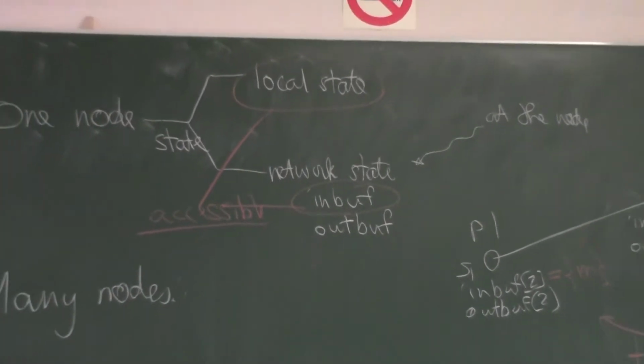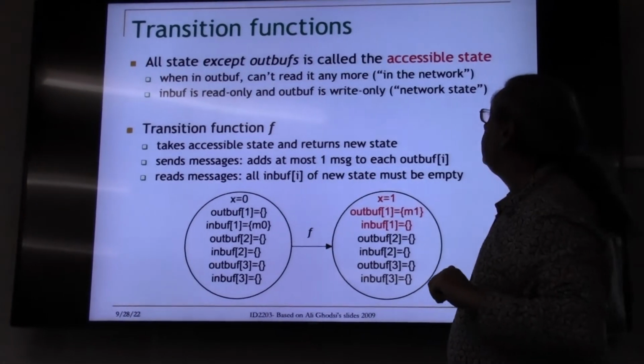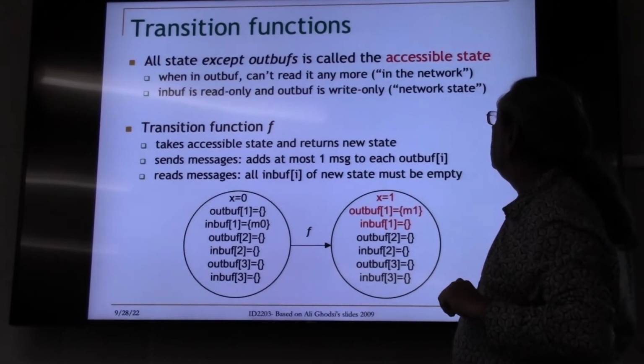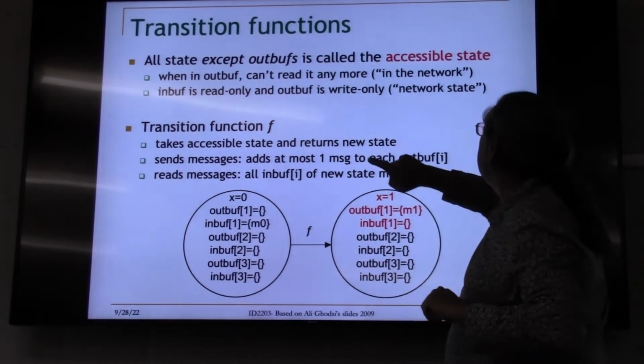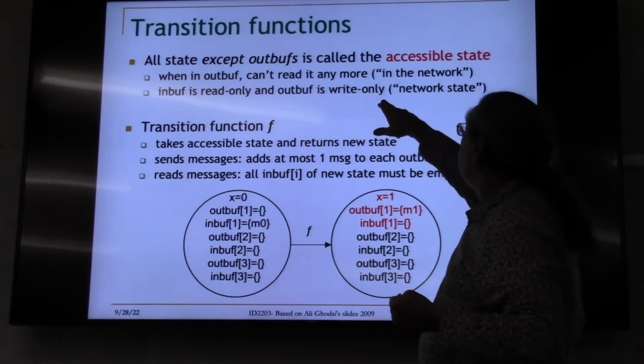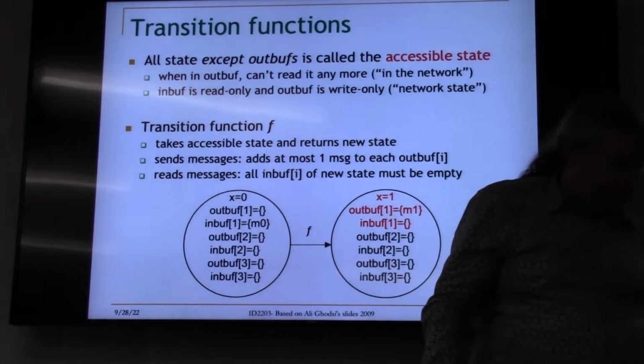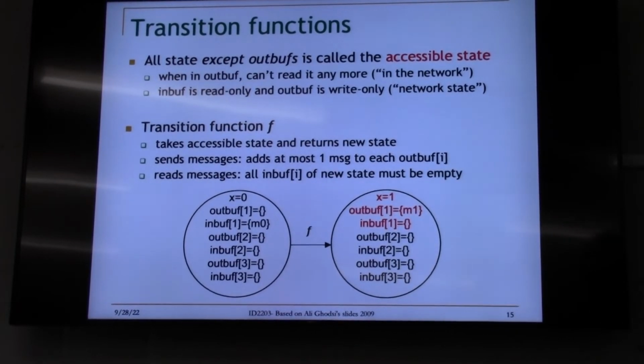So for the model, the outbuff is not readable. It's only writable. It's write only. Okay, the outbuff you can only write. The inbuff you can read it, and the outbuff you can write it. So you're not allowed to read an outbuff, in fact. So once you've written the outbuff, it's in the network with the model.